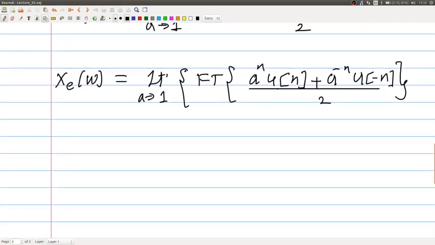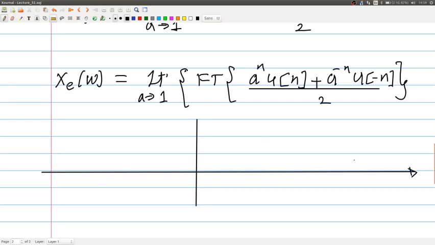So if you look at this signal, this is simply, so here when n is equal to 0, this is 1 and this is also 1, so you get a 1 here, and when n is equal to say 1, you get a by 2 here, and here you get a square by 2.